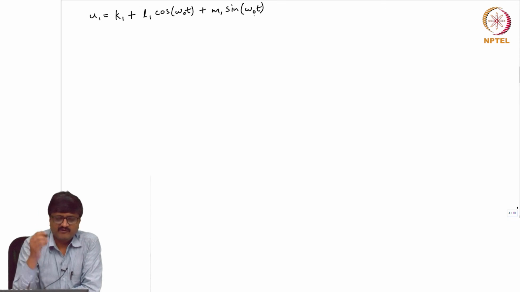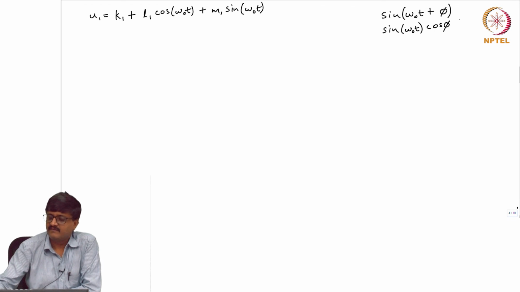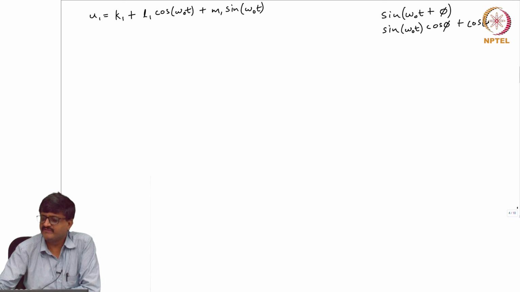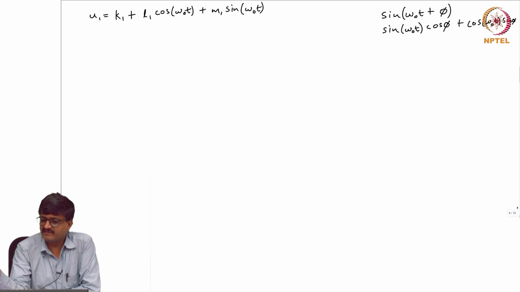So, you have sin omega ot plus some angle 150, 90, 150, 30, minus 90. In general this can be written as sin omega ot cos phi plus cos omega ot sin phi, where cos phi and sin phi are constants because phi is a constant, but the other factors sin omega ot, cos omega ot are functions of time.